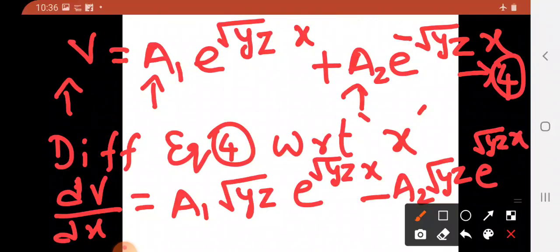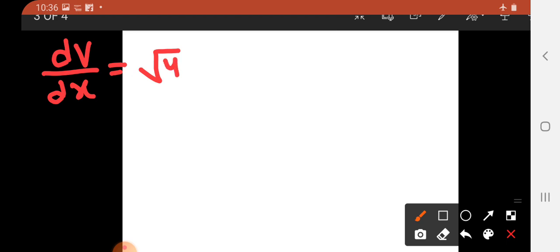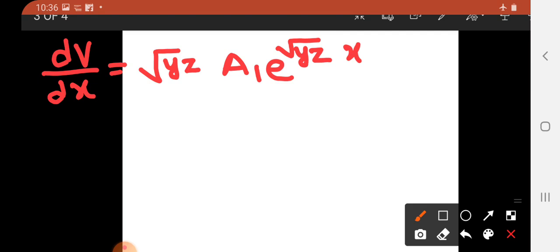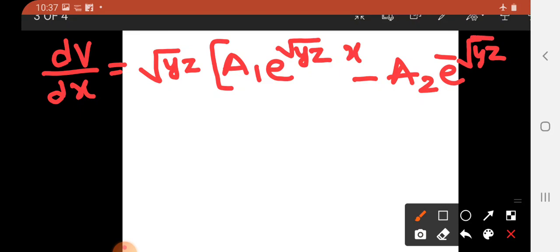Here we can take the common factor: dv by dx is equal to root yz into a1 e power root yz into x minus a2 into e power minus root yz into x.